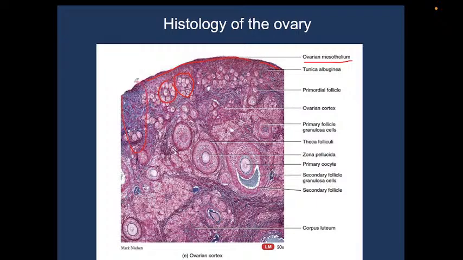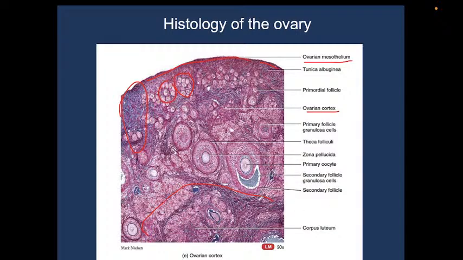So this external part of the ovary we call the cortex, the ovarian cortex, and the internal part of the ovary we call the medulla.